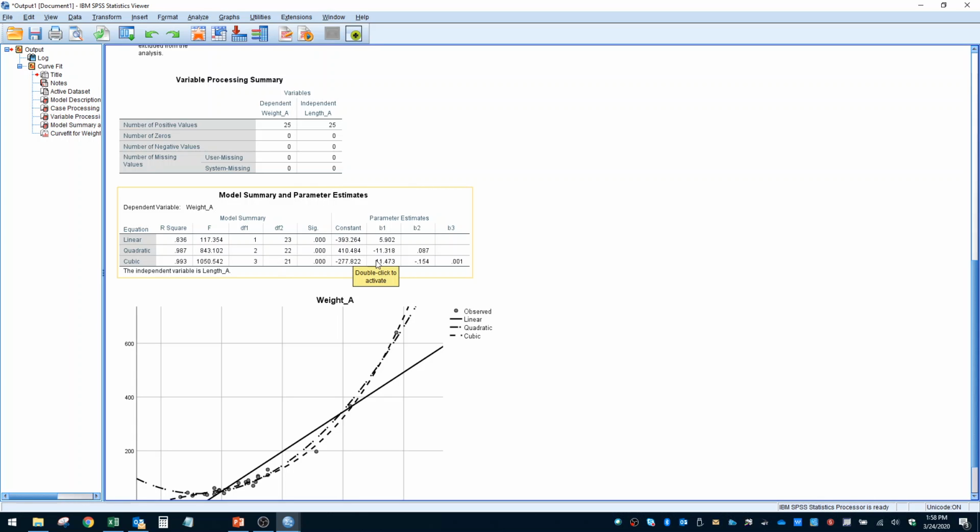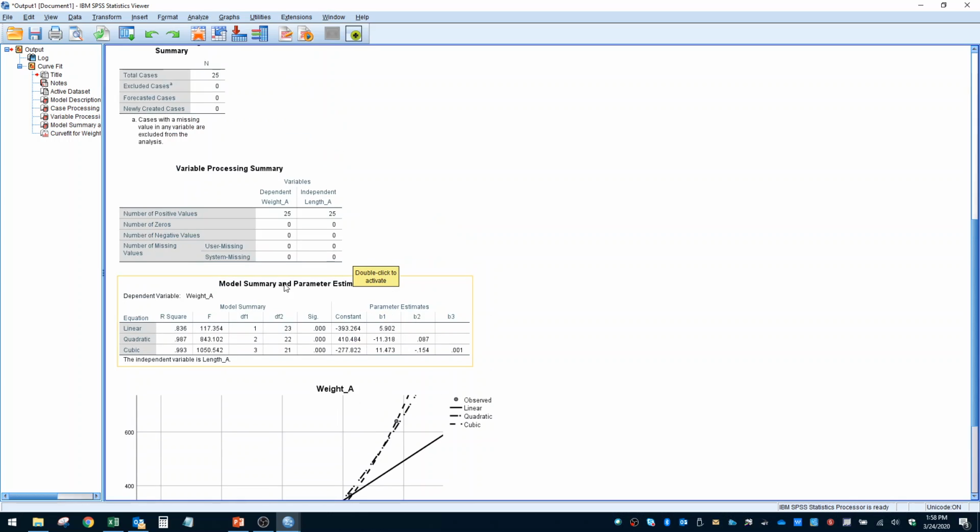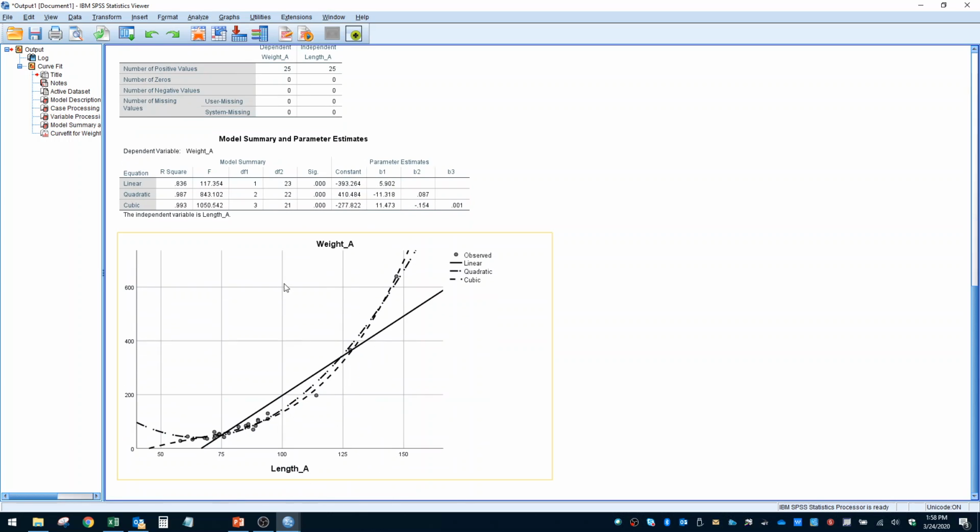You'll recognize the 410 minus 11 and 0.087. And the R squareds: 0.836, 0.987, cubic 0.993. We're pretty good with the quadratic at 0.987. We're not adding too much in terms of R squared, so I would probably stick with that.